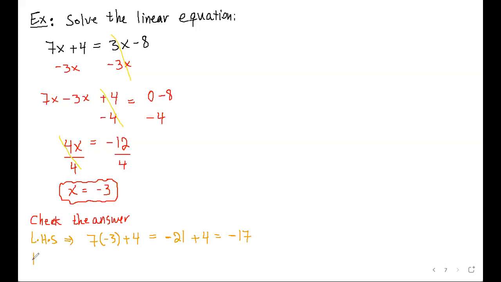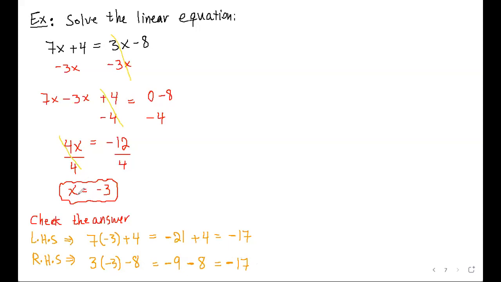Now for the right-hand side, 3 times the answer here, -3, minus 8. 3 times -3 is -9, minus 8. What is the answer? -17. So the left-hand side is -17, the right-hand side is -17.